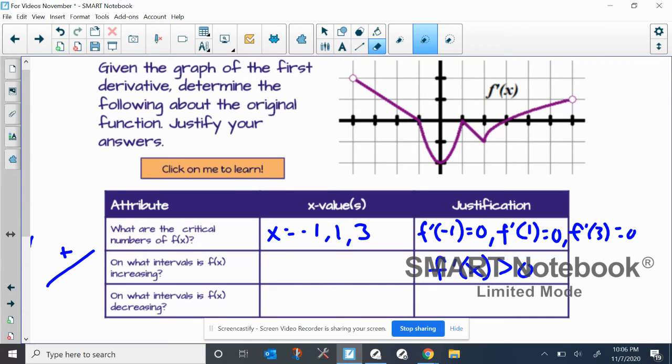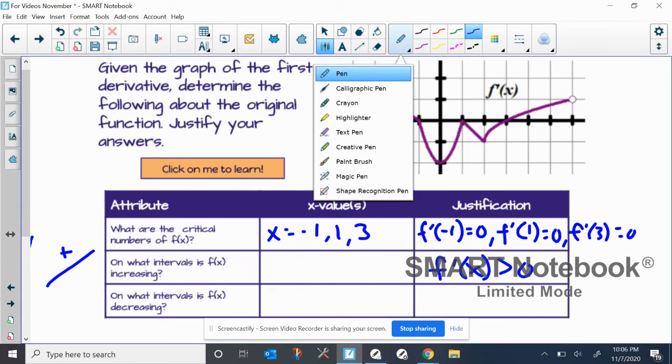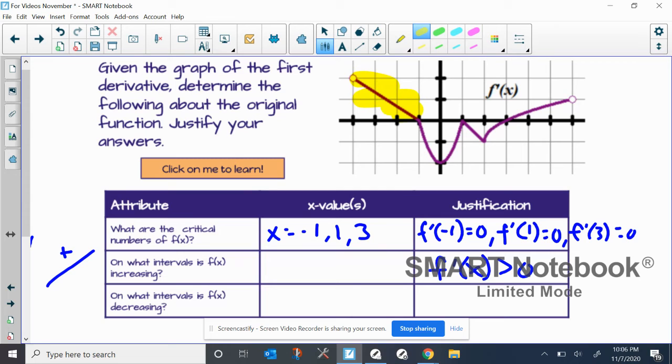So if I'm looking at this graph here, then it happens here and here, above. f prime of x is above. So that is from -4 to -1, and from, it looks like, 3 to 6.